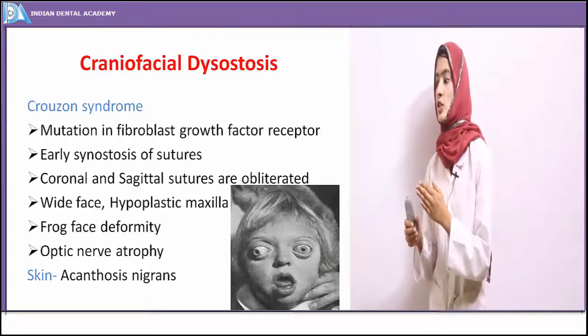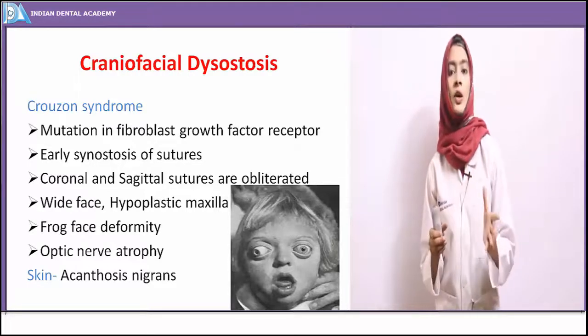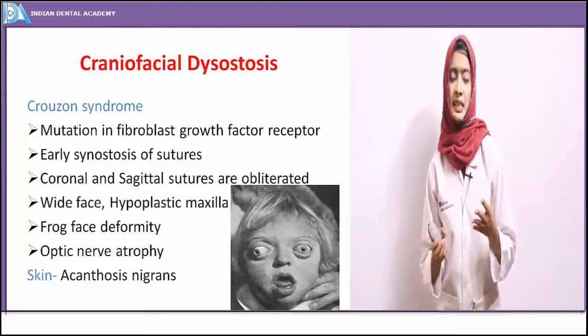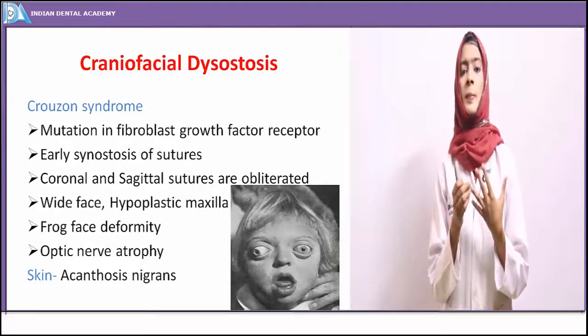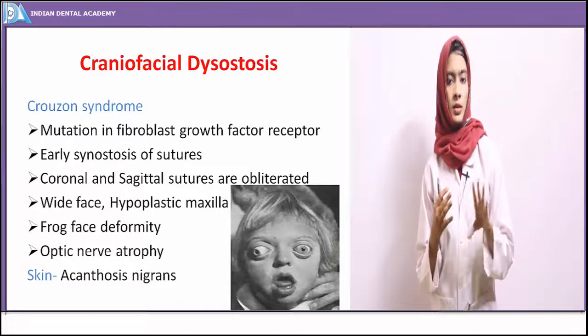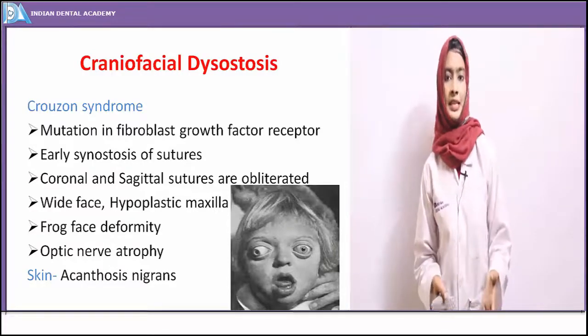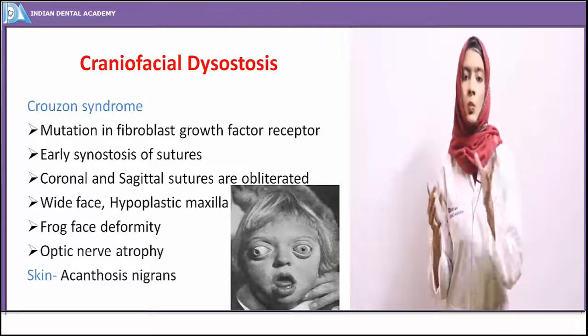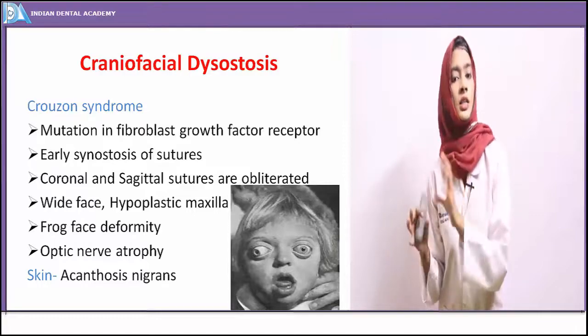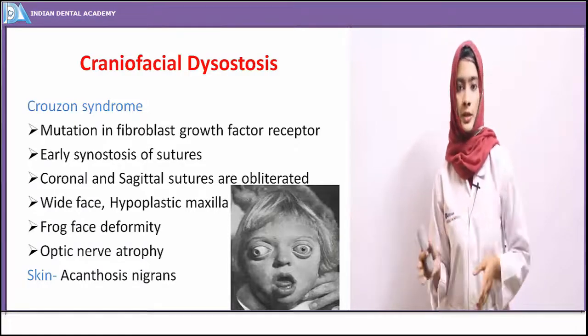But the Crouzon syndrome occurs without syndactyly. Syndactyly is nothing but the fusion of digits, fusion of the fingers of hand or limbs, legs. But Apert syndrome occurs with syndactyly. There is fusion of the digits in Apert syndrome.